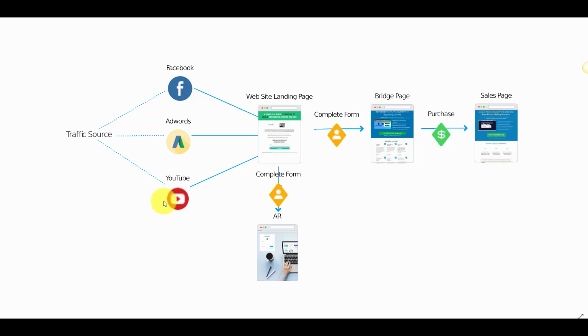And of course that traffic is free. You can pay for ads on YouTube, but this training is how to get free organic traffic. AdWords and Facebook, both of these are paid. There is a way to get free traffic from Facebook, but I'm not going into that here.